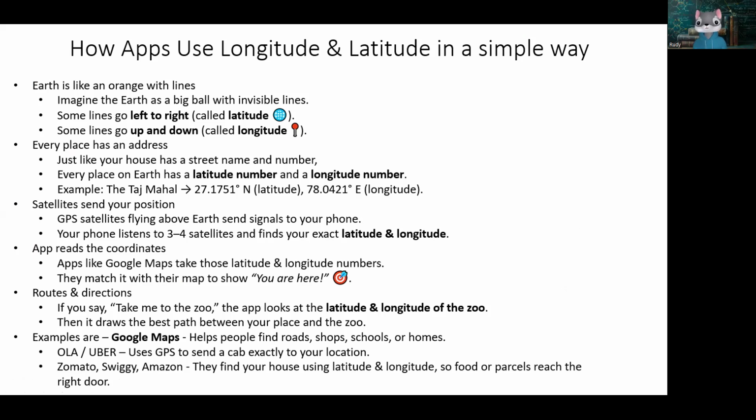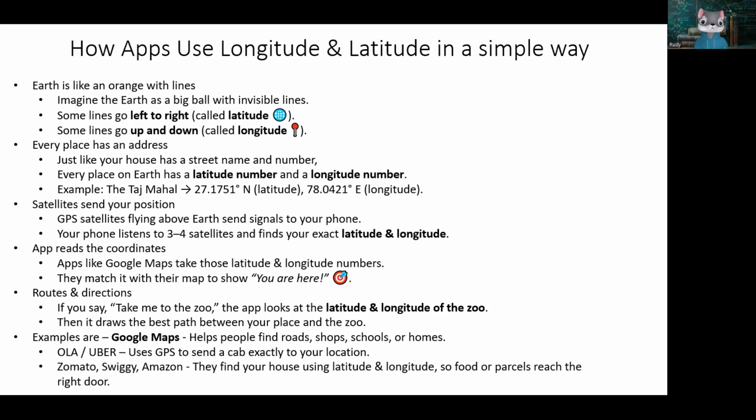I'm taking an orange as an example. Imagine the Earth as a big ball with invisible lines. Some lines go left to right, and some lines go up and down. Every place has an address. Just like your street has a name and number, every place on Earth has a latitude and longitude.